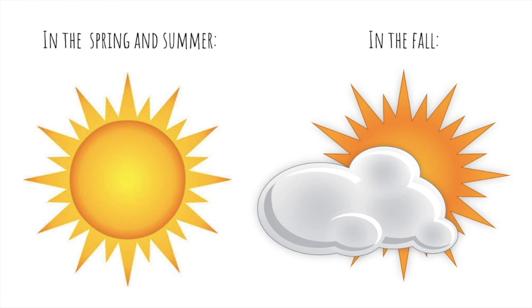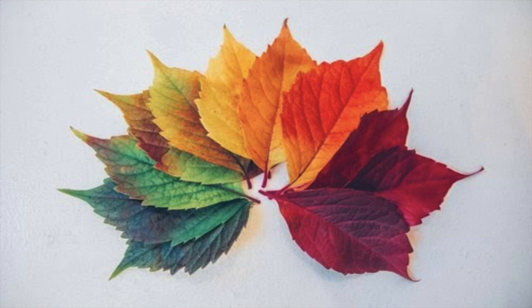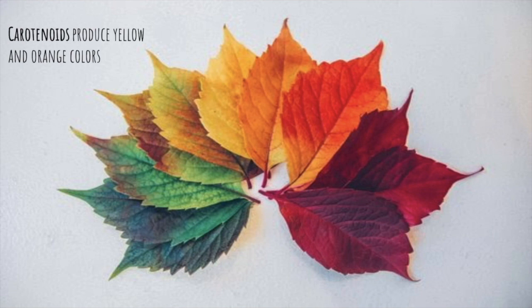In order to save energy, some plants stop producing chlorophyll and instead break it down into smaller molecules. As the chlorophyll leaves the leaves, other pigments that are already present become visible. These pigments are carotenoids and are masked by chlorophyll during the majority of the year. Carotenoids produce yellow, orange, and brown colors.